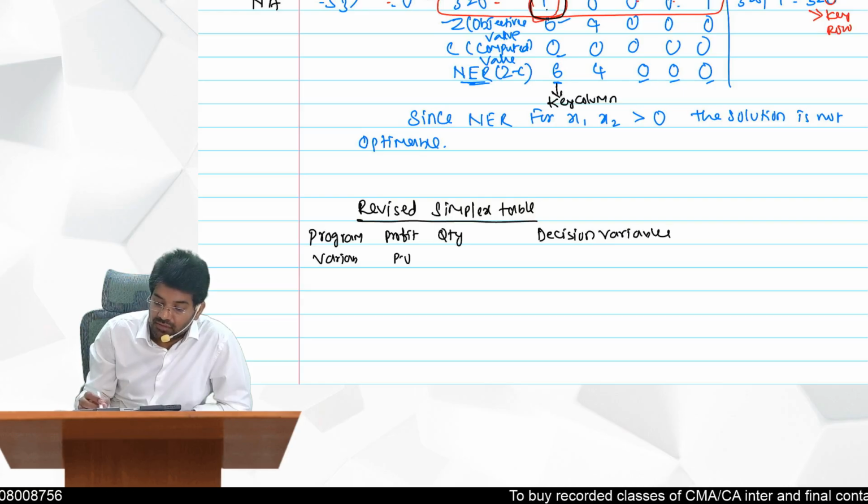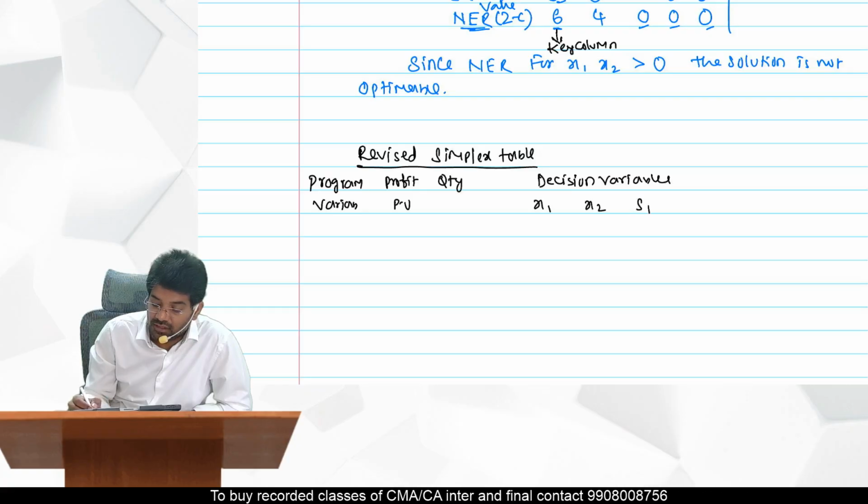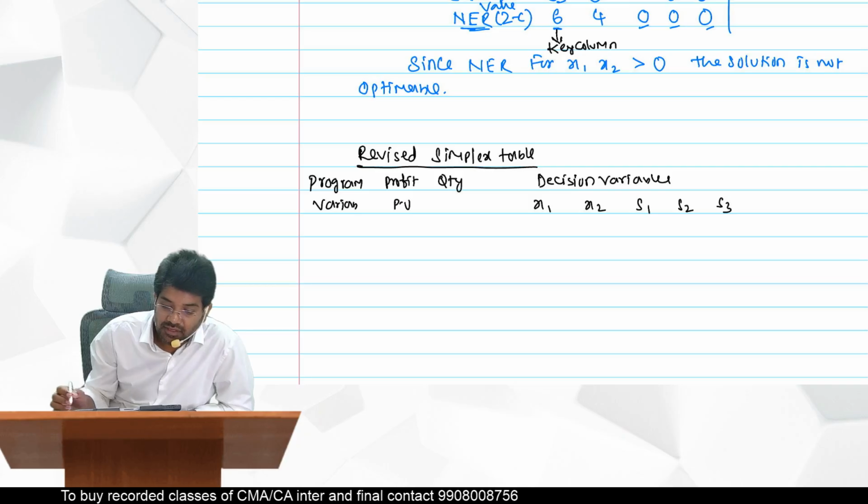What are the decision variables? X1, X2, S1, S2, S3, right?